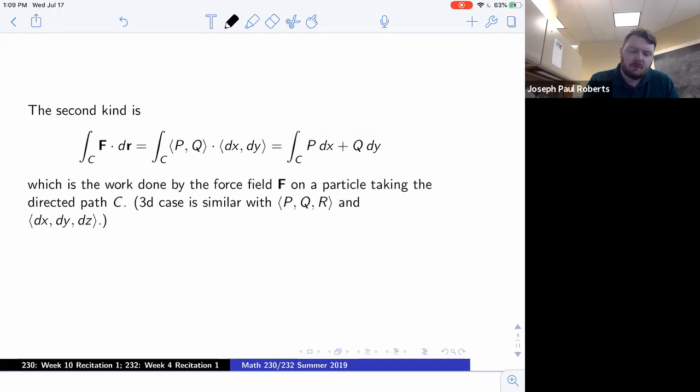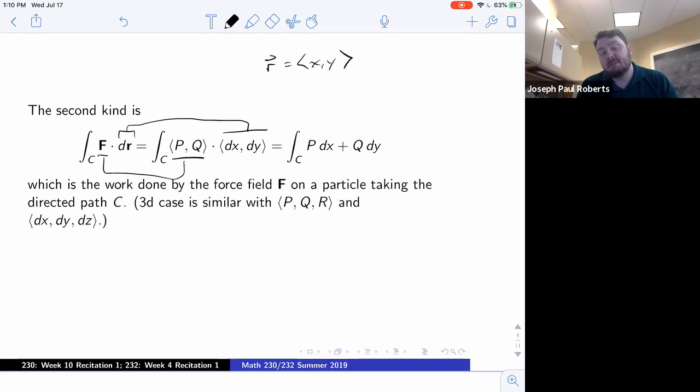So if you remember when we started talking about vector fields on Monday, we usually name the component functions of our vector field P and Q for the 2D vector field case. So our vector field F is equal to P comma Q. You want to think of this d vector r as being dx comma dy, which kind of makes sense because throughout this course, and also in physics, this r vector stands for position vector.